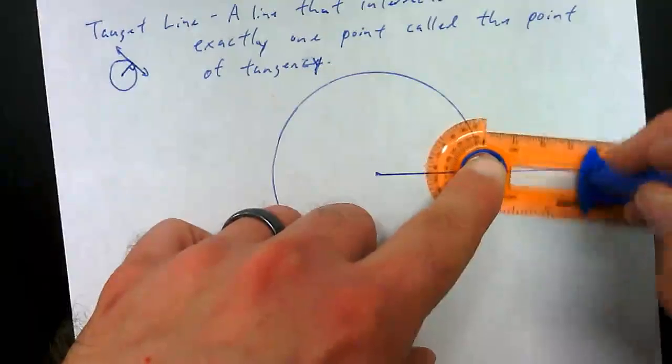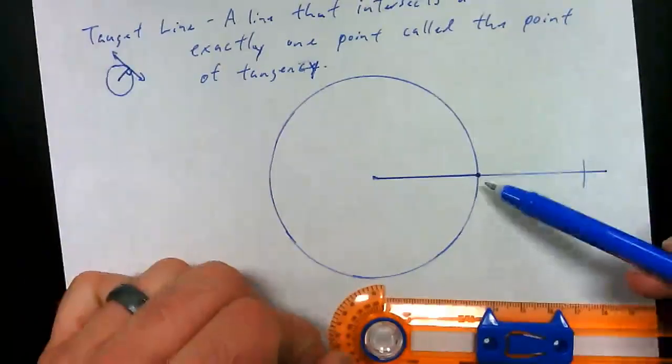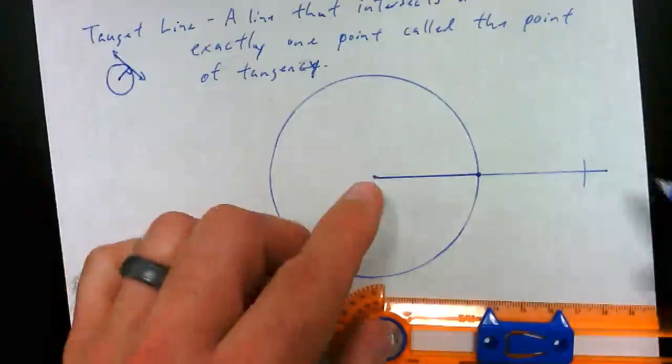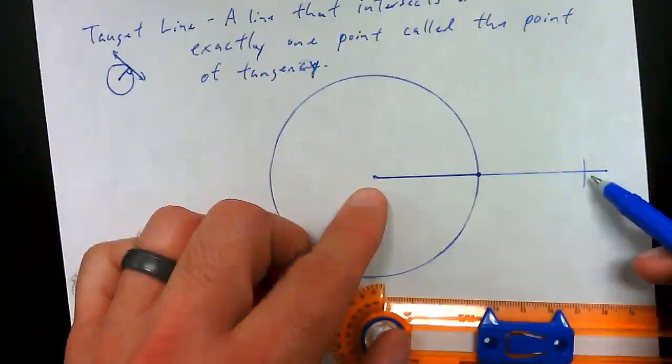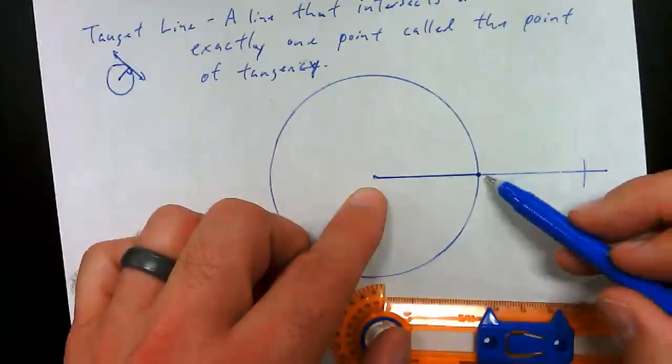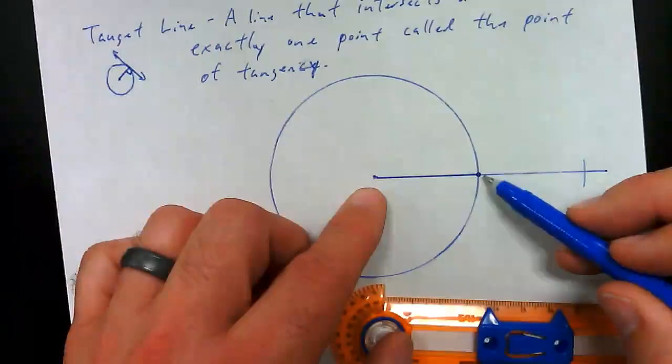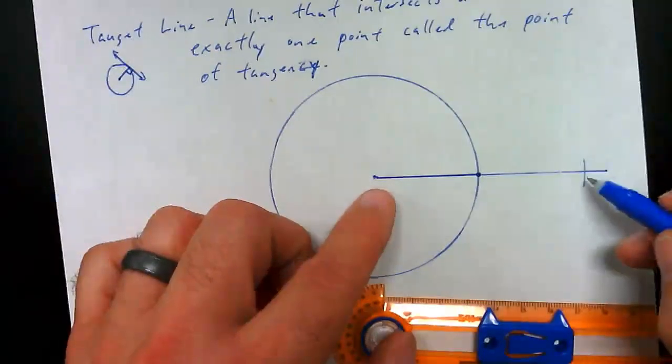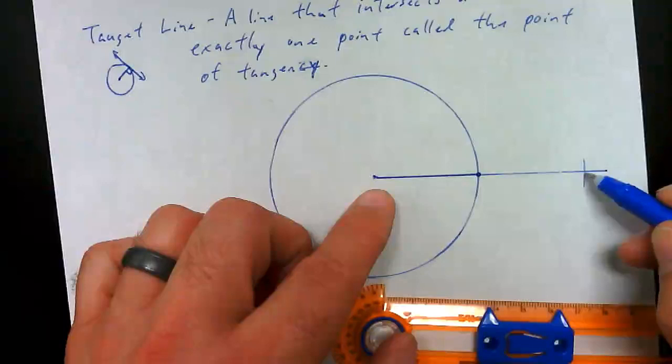Now, the reason why I'm doing that is because now this point is equidistant from these two. That means that this point is going to be on a line that would be the perpendicular bisector of this segment that we just made.